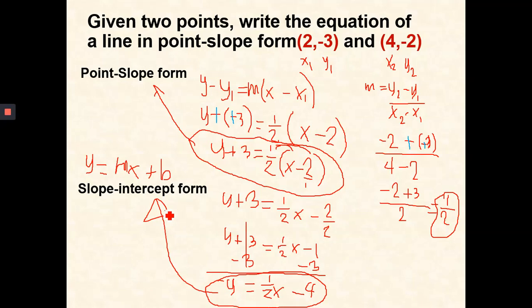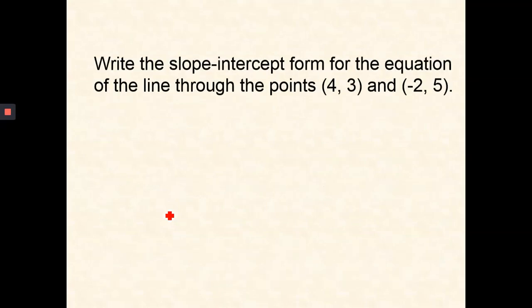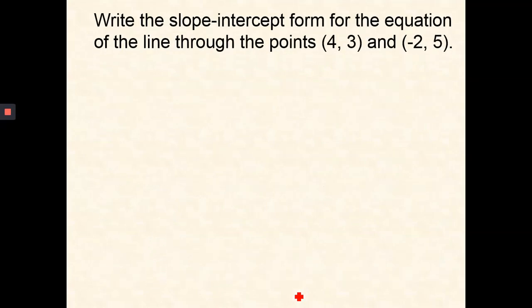Okay? How about this one? So you have here. Again, do the same thing. Write this as x sub 1, y sub 1, x sub 2, and then y sub 2.